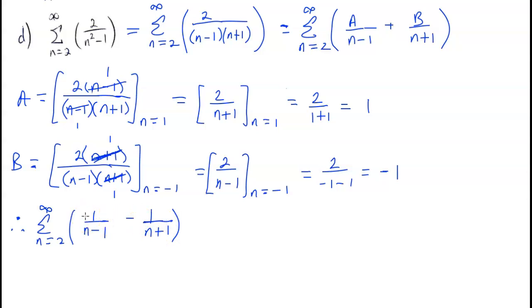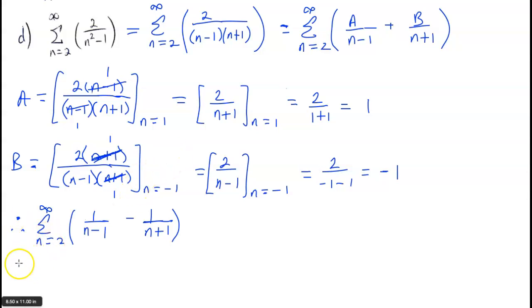And of course, both terms in our series, the 1 over n minus 1 and the 1 over n plus 1, are technically not harmonic series. So because of that, I am going to have to list out some terms to see what the nth term of the sequence of partial sums would be.